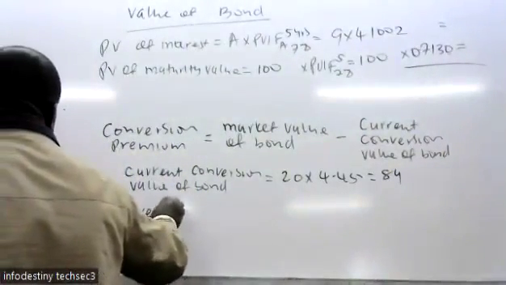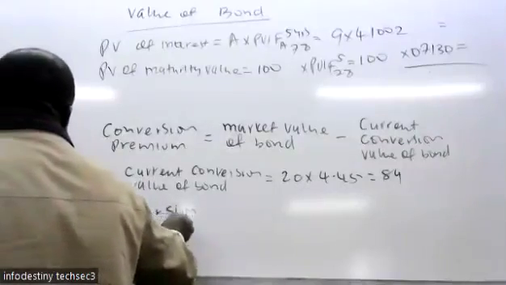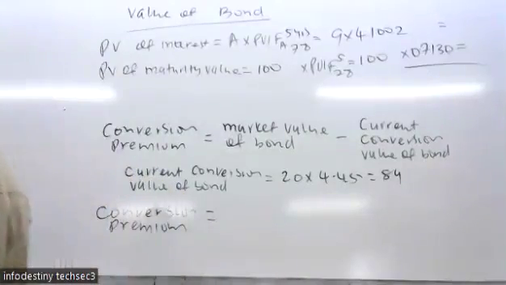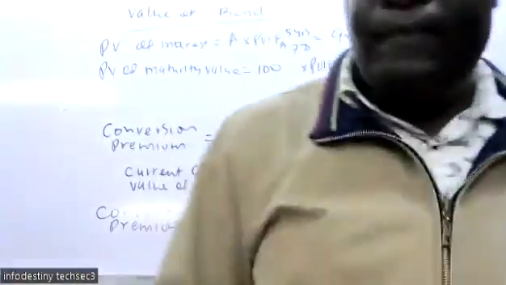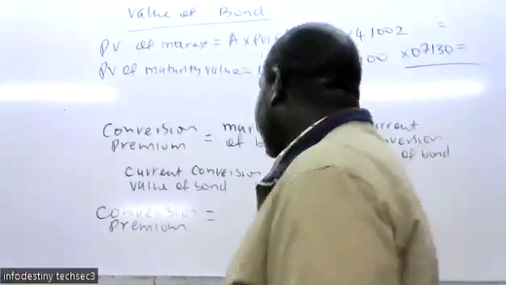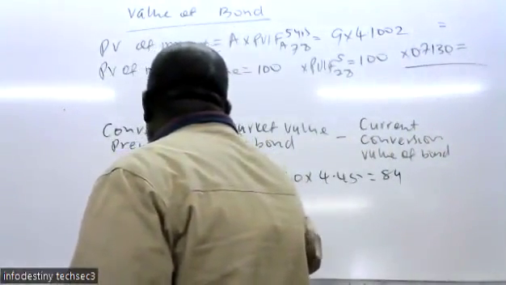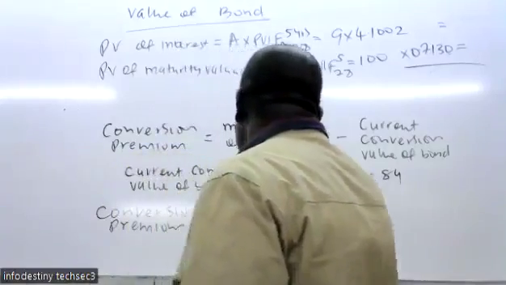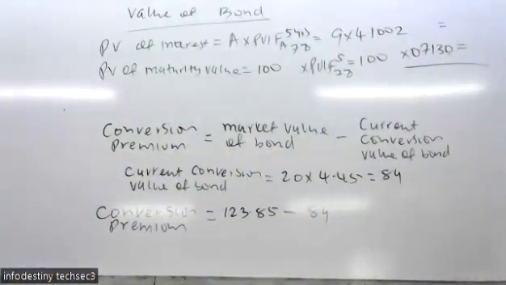Now our conversion premium. You simply take the market value of the bond from Roman letter 1, which was 102.8, and you minus the 89.